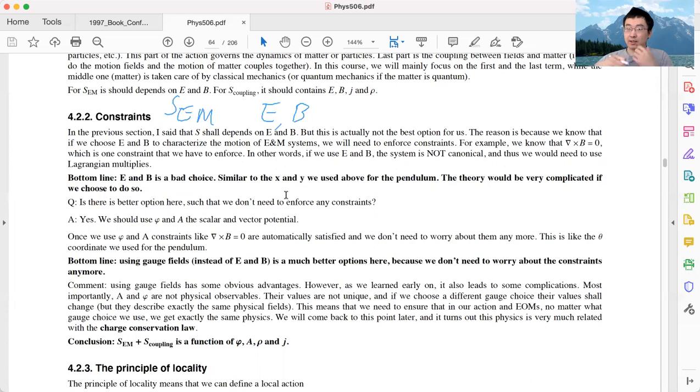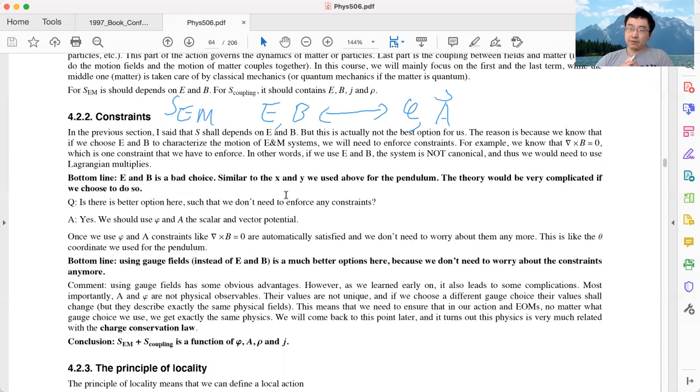And we have another option. We can also choose the scalar potential and vector potential to describe the E and M fields. As I mentioned early on, these 2 descriptions are pretty much equivalent to each other. We can use E and B fields to describe the electric and magnetic fields, or we can use scalar and vector potentials to describe the same physics. It's basically an option.